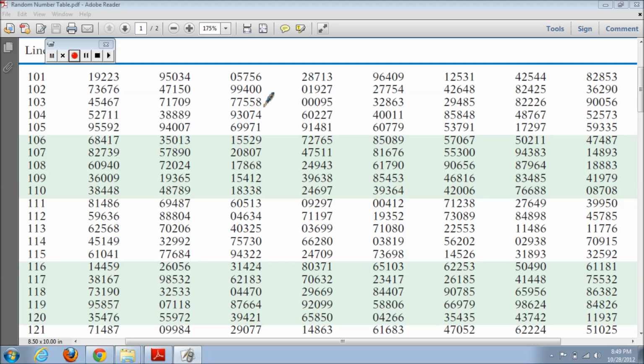Okay, so here's the first 10 numbers. I'm looking for 3 even or 3 odd in a row. And right here, to begin with, there are 4 odd numbers in a row. So that represented 4 heads being flipped in a row. And then I've got a tail.